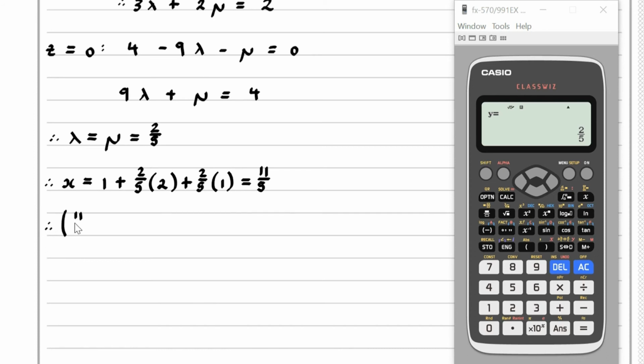So I've got (11/5, 0, 0) where the plane intersects the x-axis.